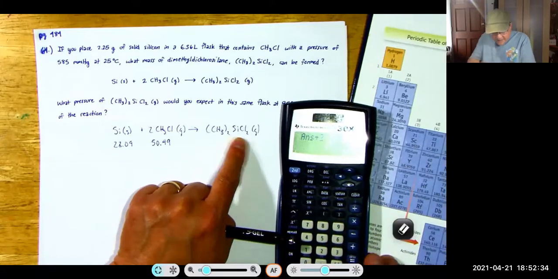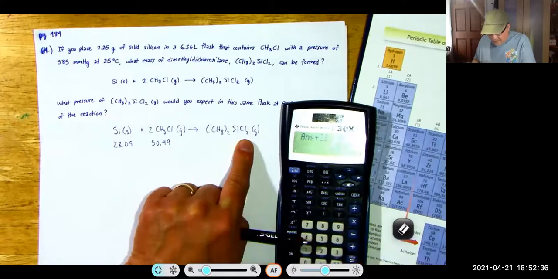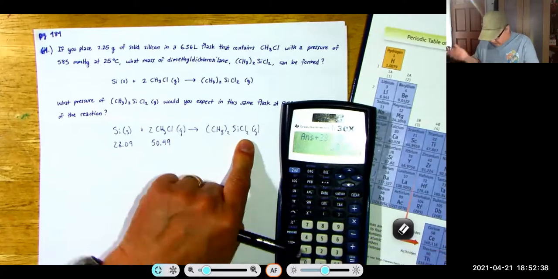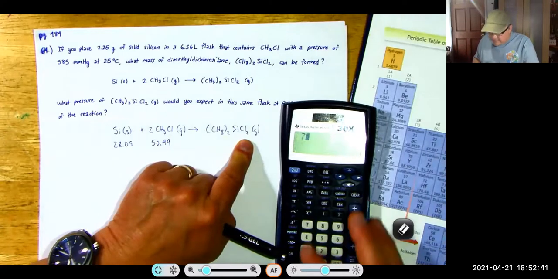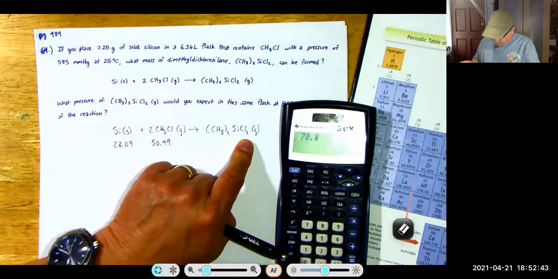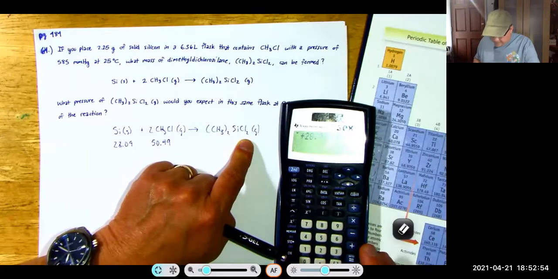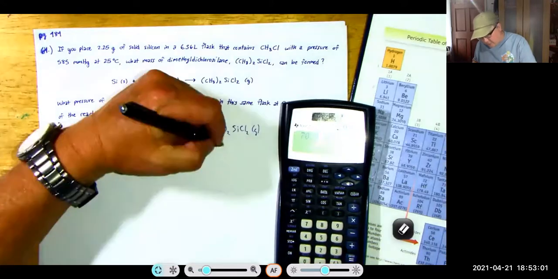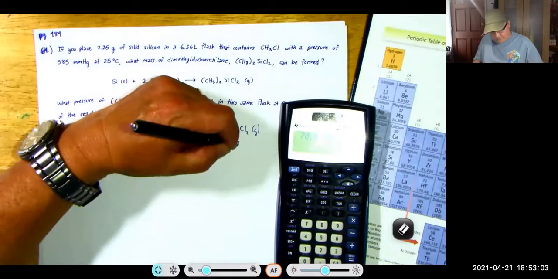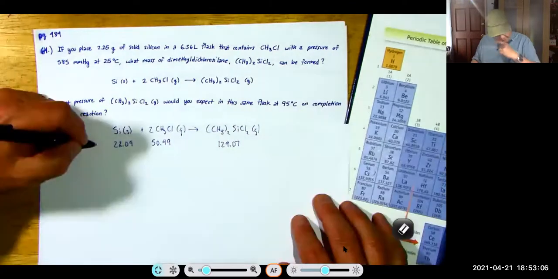And then I'm going to add 35.45 for the chlorine, but times 2, that's 70.90. And we get 129.07. So those are the molar masses for each of these.